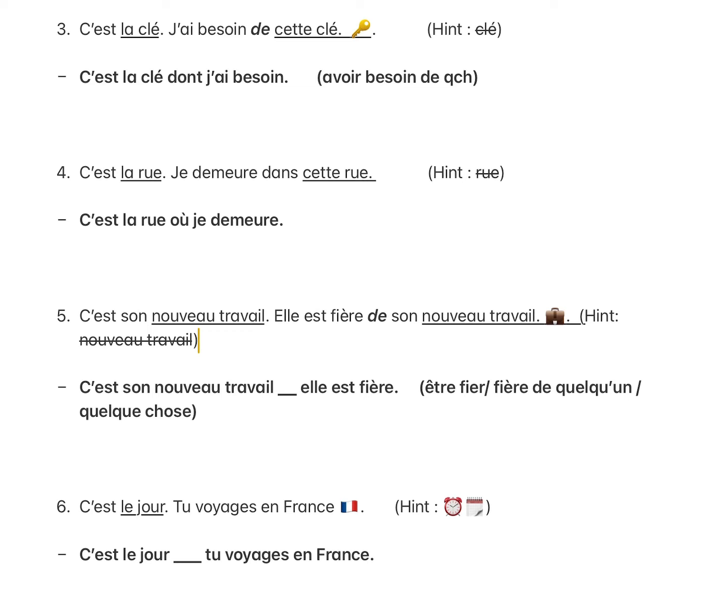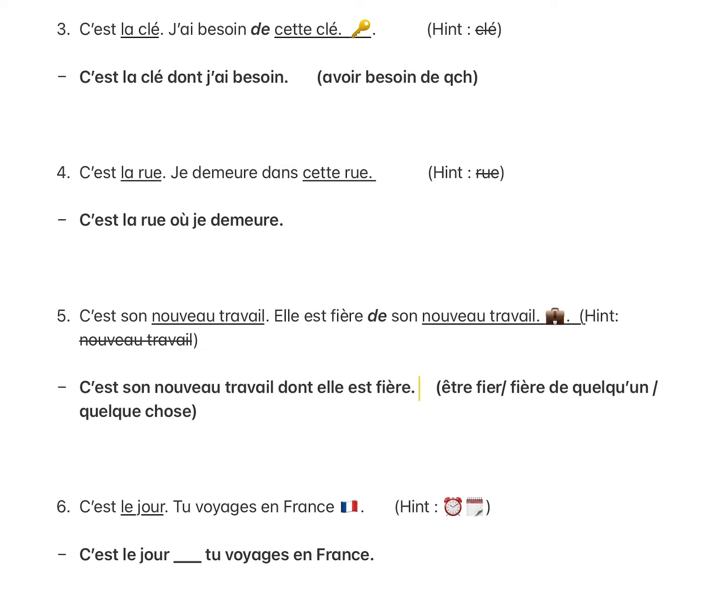Also, another hint is we have the preposition de. So our answer here is dont. C'est son nouveau travail dont elle est fière. It's her new job of which she is proud.